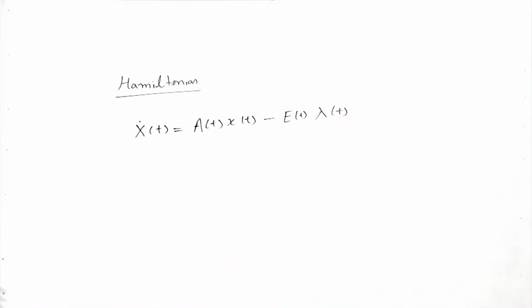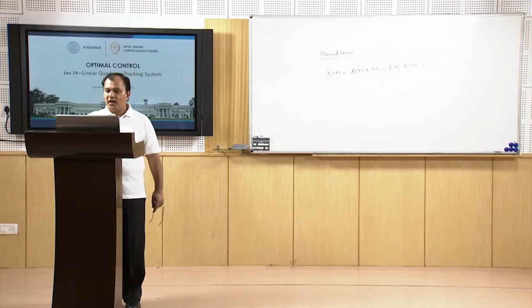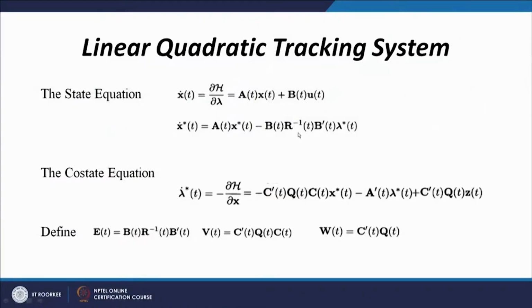So, minus B R inverse B prime, this I am writing as E. So, this is my x dot equals A x minus E lambda.